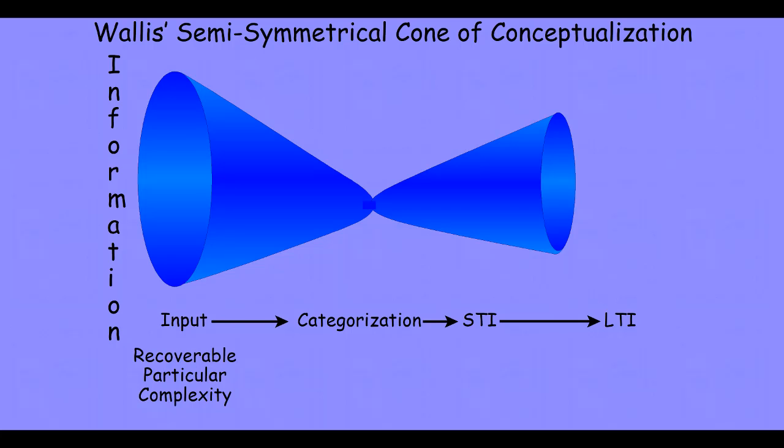Once we categorize it, we get rid of all that information and start to think of it in terms of a trans-contextual category that we think will be contextually useful for interacting with that object. But if we need that other information, the world is like a memory here. We can just go back and look at it and recover that particular complexity. And so it's a good trade-off for us.